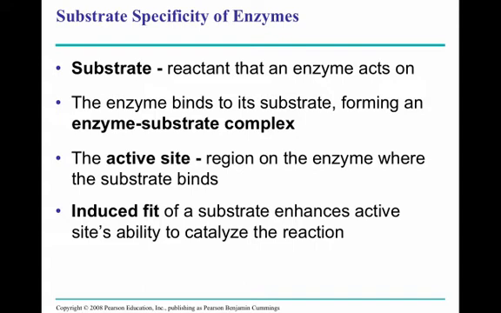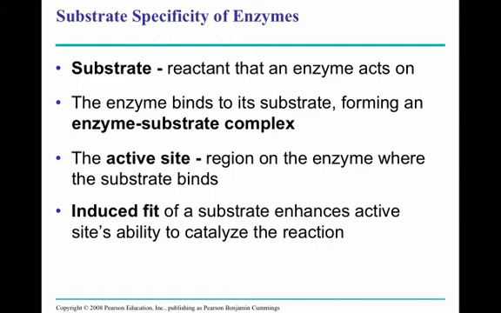on. When the substrate binds to the enzyme in the active site, again, this is a very dynamic process, and this enzyme is kind of globular, think about it like a blob kind of thing. So when the substrate binds to the enzyme, what happens to the enzyme is a phenomenon that we call induced fit.